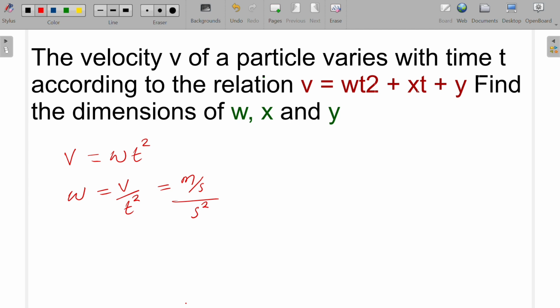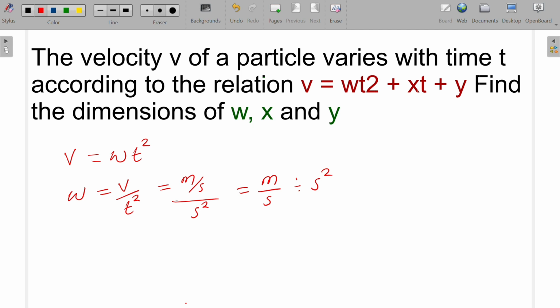So we have m over s divided by s squared. What we have here is the same as m divided by s on top, and this is also divided by s to the power of 2.